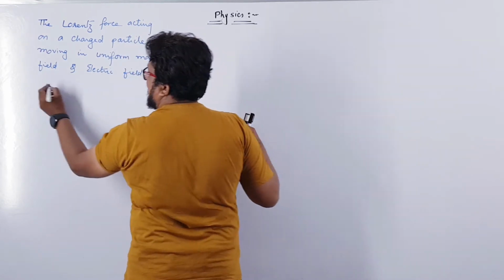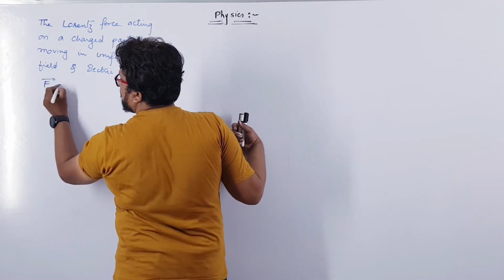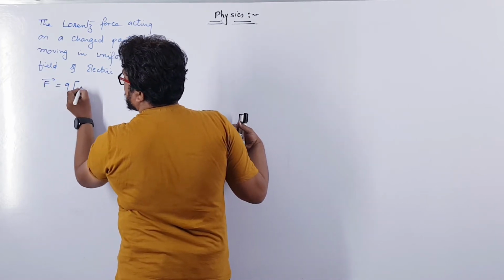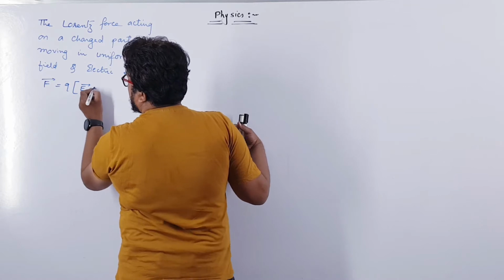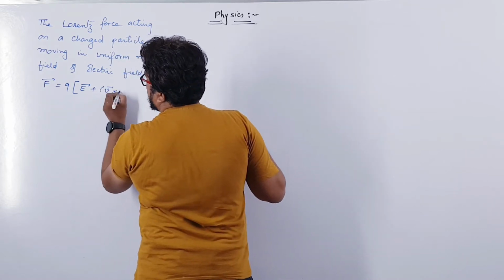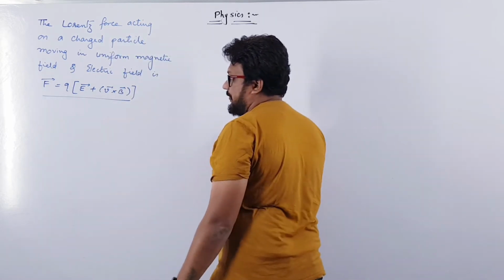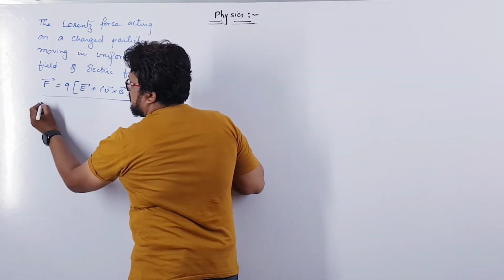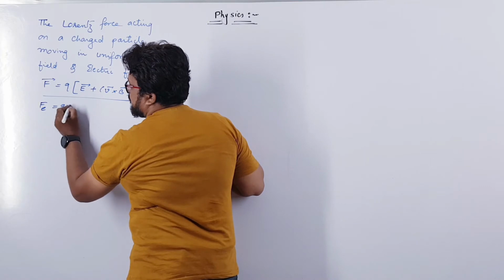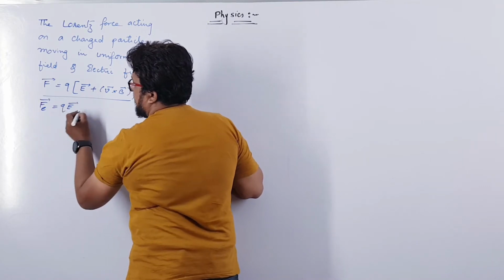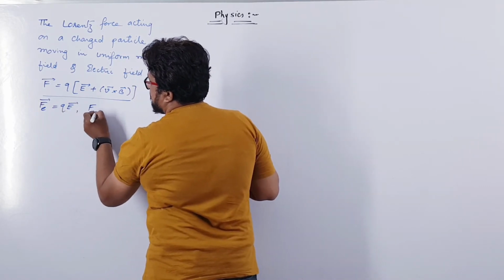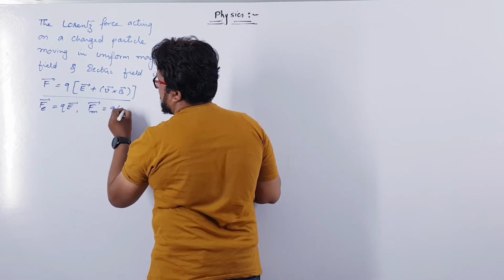The Lorentz force is given as F equal to Q into E plus V cross B. This is the Lorentz force acting on a charged particle, where the electrical force is QE, which we already know, and the magnetic force is Q into V cross B.